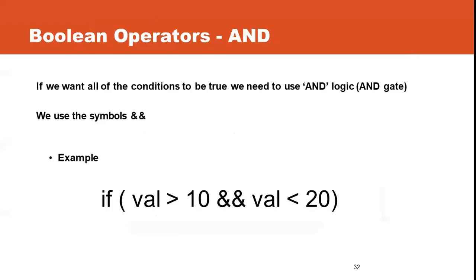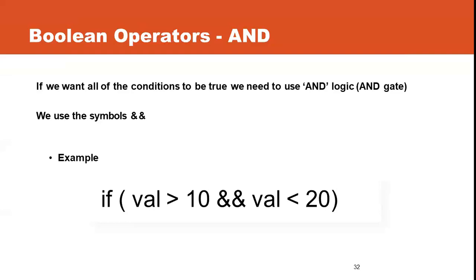Then we have Boolean operators. Boolean operators include and, or, and not. So this is a logical and operator. The double ampersand is used just like in C programming.